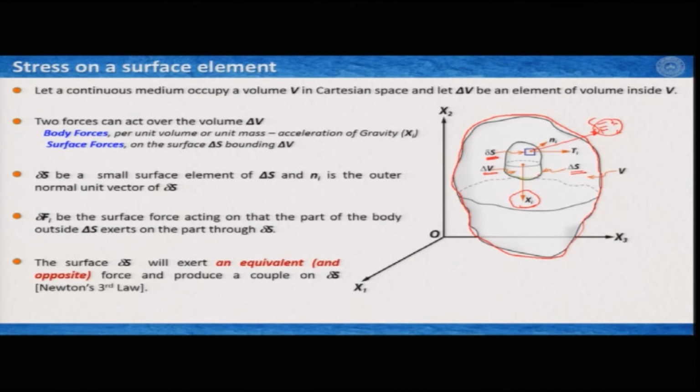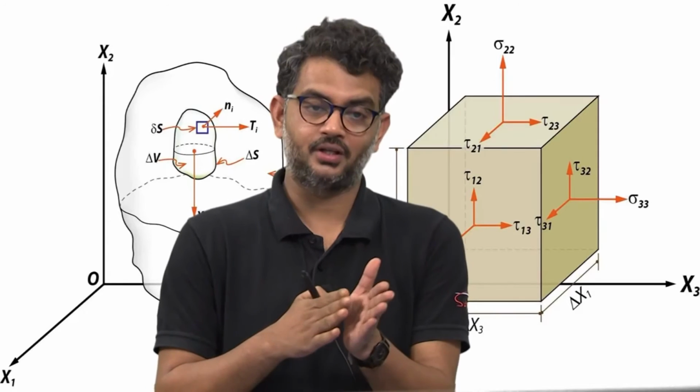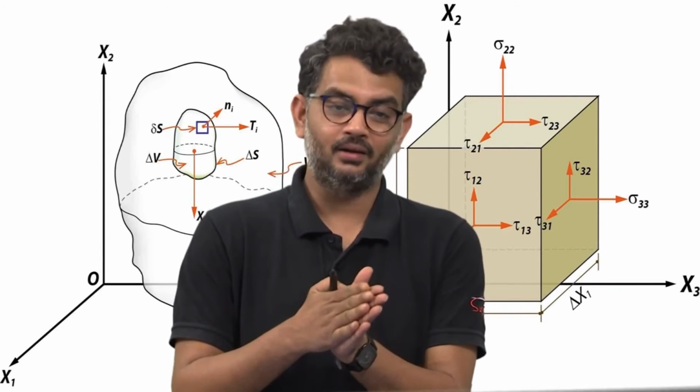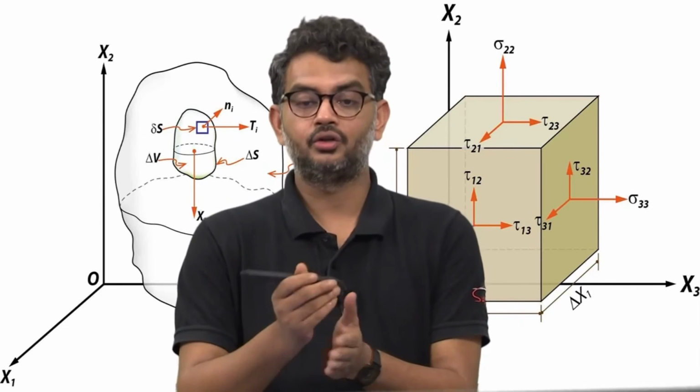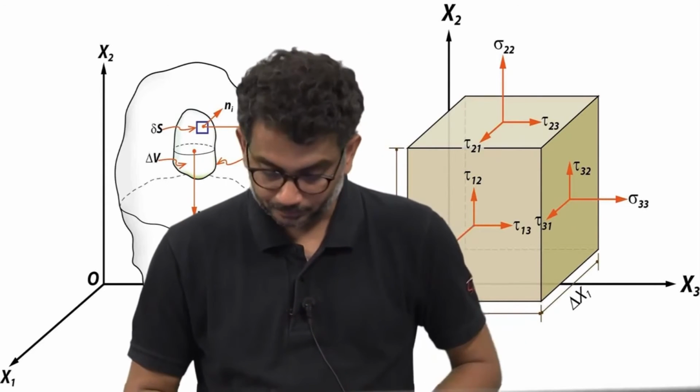Now, what is this I here? As we said, this Ni is the unit normal vectors. If I consider any surface or any plane, then it must have 3 unit normal vectors parallel to the coordinate axis.